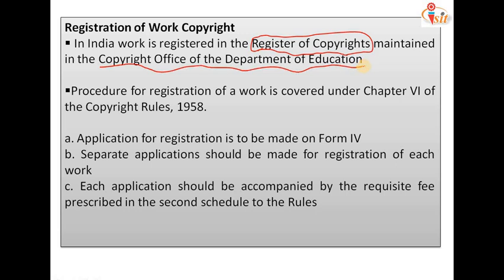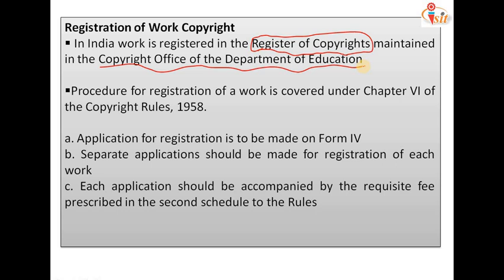The procedure is the same: you have to fill the application, then the application gets published, and then within 2, 3 or 4 months the opposition is called. If an opposition comes, it is conveyed to the applicant, and the registrar hears both the parties, and if the registrar is satisfied with the clarification of the applicant, then it gets registered.